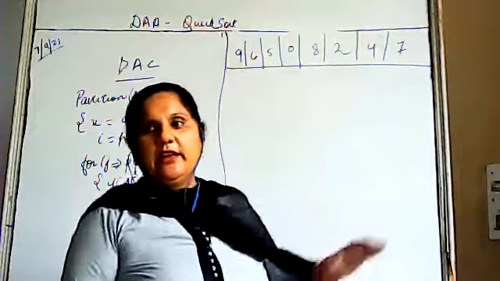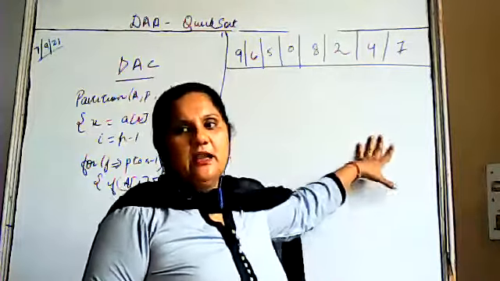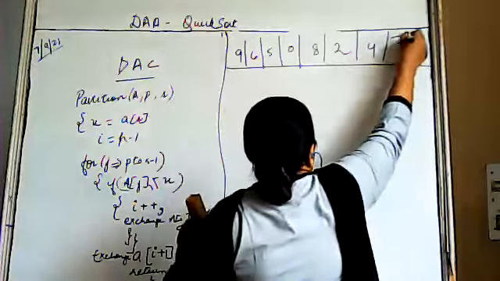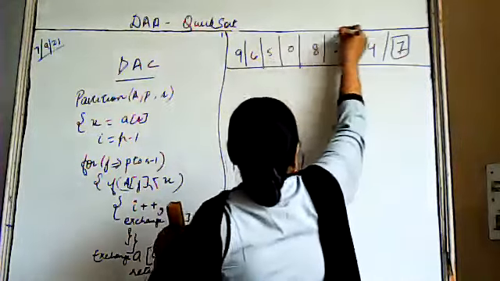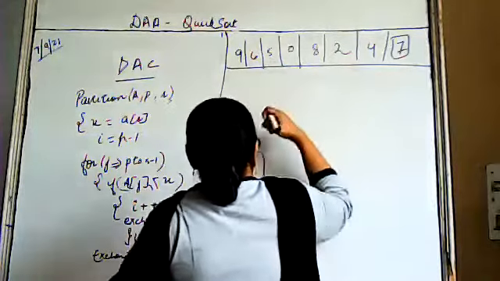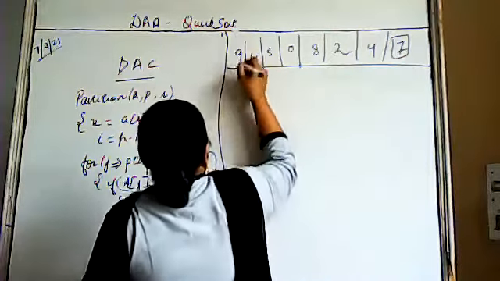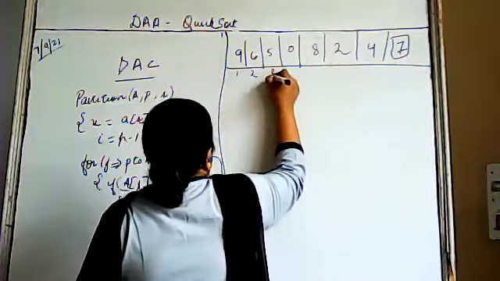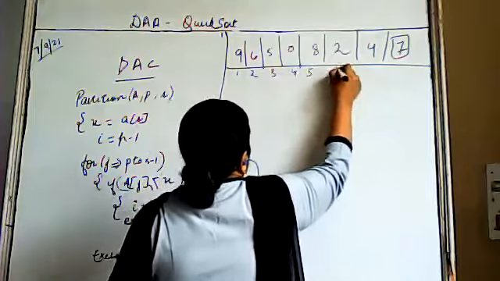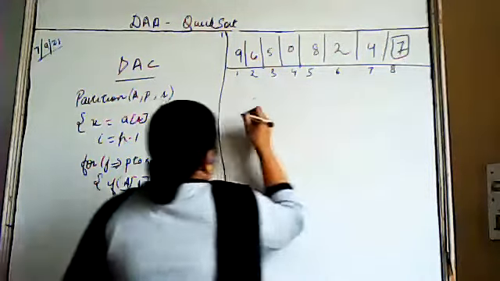Today we'll be taking the last element as the pivot element. So I am selecting this element as the pivot element or key. Indexes begin from 1, 2, 3, 4, 5, 6, 7, and 8.